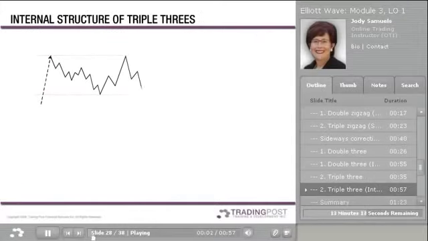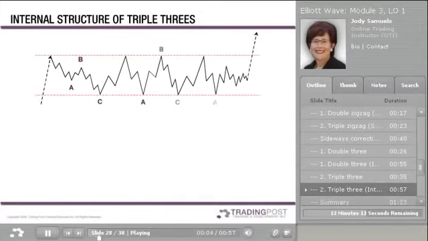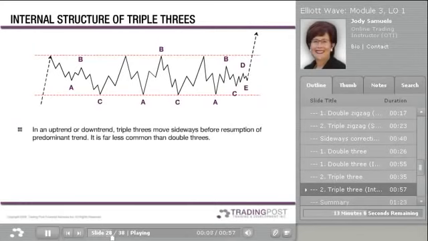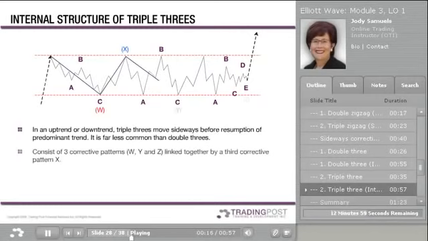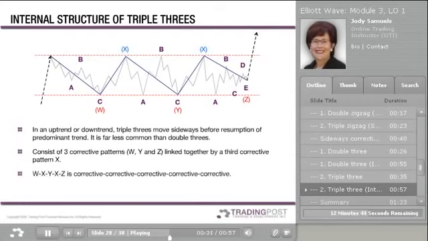Internal structure of triple threes. In an uptrend or downtrend, triple threes move sideways before resumption of the predominant trend. It is far less common than double threes. It consists of three corrective patterns, W, Y, and Z, linked together by corrective patterns, X. The internal structure is WXYXZ, which is corrective, corrective, corrective, corrective, corrective.